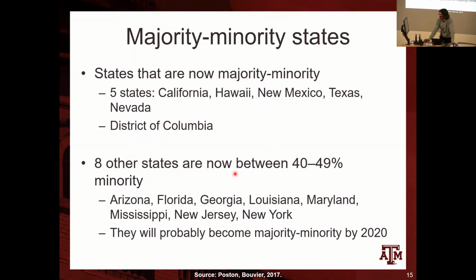And 8 other states are now between 40 and 49% minority, so almost reaching 50%. They will probably become majority minority soon, according to the book from 2017. And these other states, the ones listed here, are Arizona, Florida, Georgia, and so on, okay?